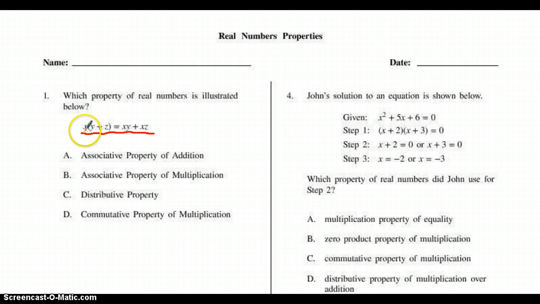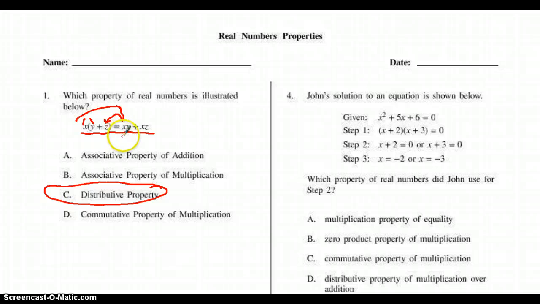If you notice, if you look at the left side and the right side, x was distributed to y by multiplication, and x was distributed to z by multiplication. So this is called the distributive property, where you take a number, or in this case a variable, and distribute it to everything inside of the parentheses.